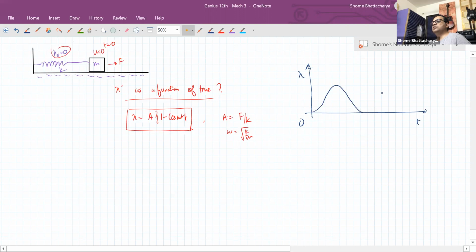Its displacement varies between 0 and a certain maximum value, and that maximum value is 2a. Okay. So x maximum is 2f by k. So a is half of x maximum.